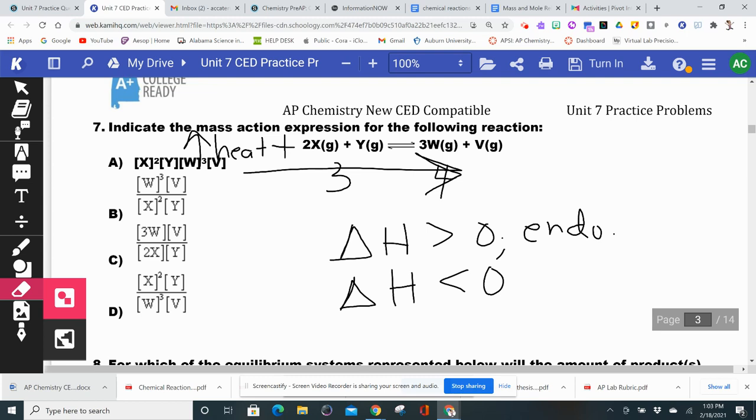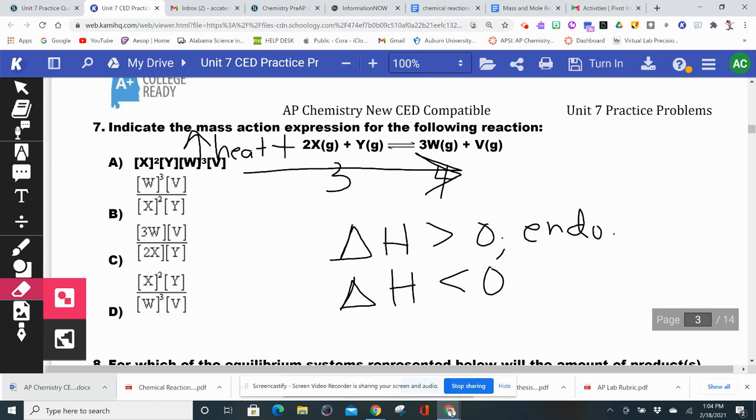So wait, let's just say, hypothetically, the problem was that the temperature rose. Does that affect the equilibrium at all? Okay, it's going to be how it's worded. I know y'all hate hearing that, but it's how it's worded.